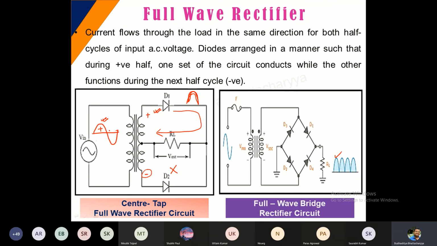Now what happens in the second half, when the negative cycle comes in, this polarity will change. That means this will be my negative and this will be my positive. And as this is my positive, this will make D2 a conducting diode and D1 a non-conducting diode. So now the output you are observing is through this RL once again. The D2 diode is responsible for getting the second set of outputs.